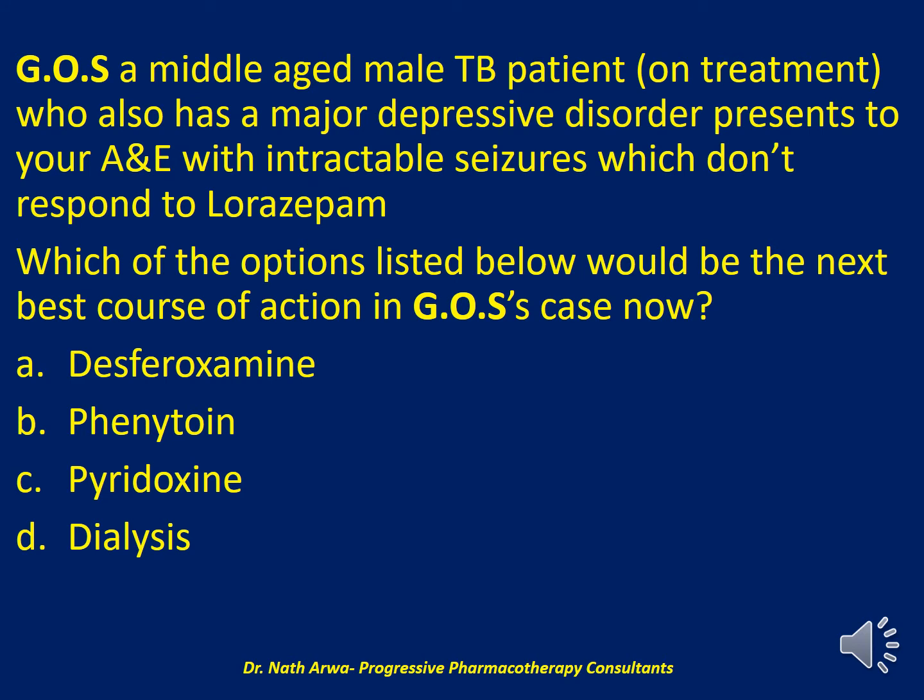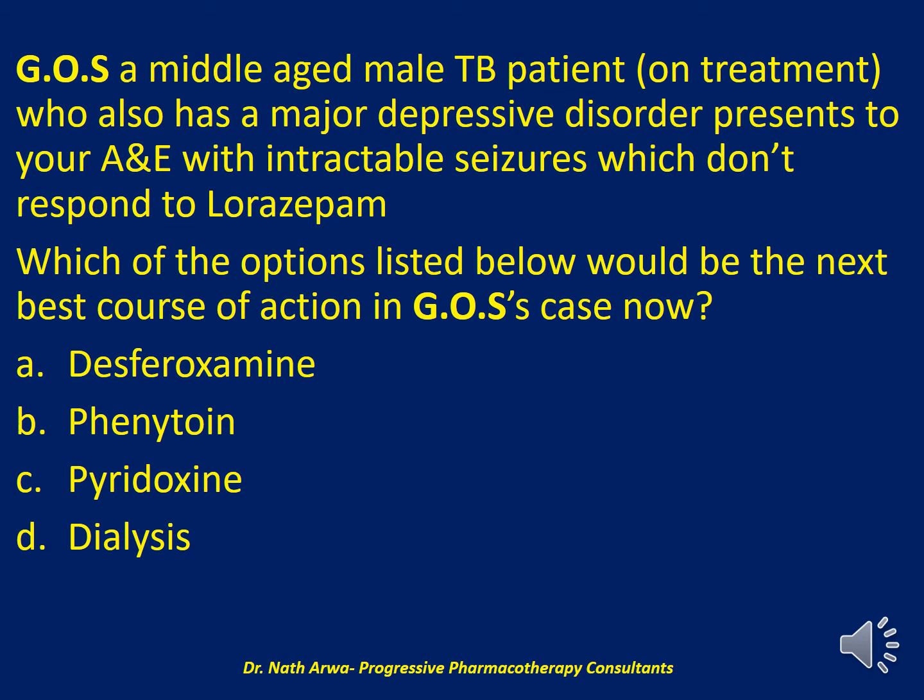The next question reads, Mr. GOS, a middle-aged male TB patient who is on TB treatment, also has a major depressive disorder, and he presents to your accident and emergency department with intractable seizures which don't respond to lorazepam.